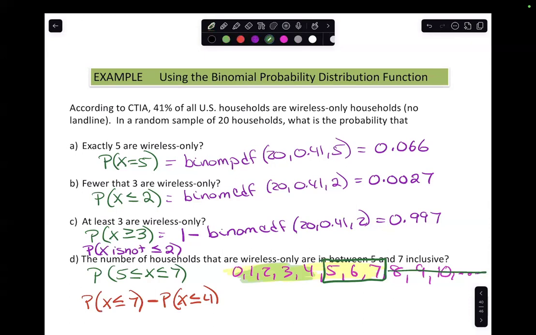So it's going to look like this: binomCDF(20, 0.41, 7) minus binomCDF(20, 0.41, 4). And then you can put that all in your calculator at one time. I'm going to give you a second to write that down, and then we'll put the whole thing in the calculator at once.